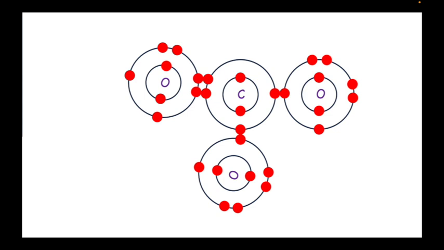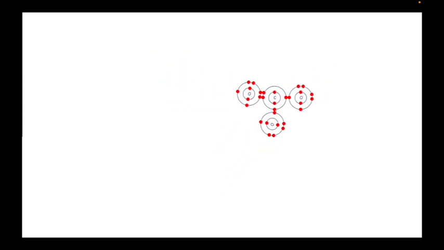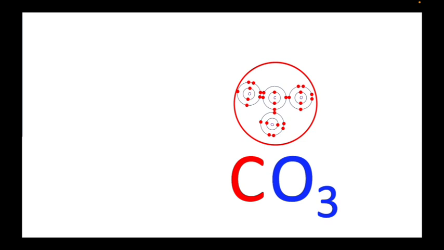So now there is a carbon and there are 3 oxygens, where one oxygen is double bonded and the other 2 oxygens are bonded with single bonds. These 2 oxygens require 1 more electron each to become stable. If you consider the entire combination as one single molecule, this is called CO3. Now, this CO3 molecule requires 2 electrons to become stable.